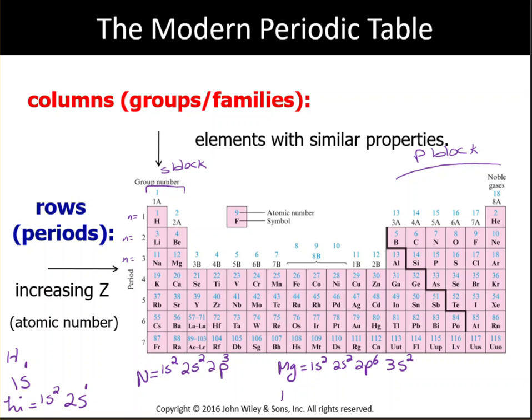Let's say I want to do argon. Argon is in the third energy level, meaning that all the orbitals in the first and second energy levels are full. Argon is a p block element, meaning that the s is completely full and we are in the p. And argon is the last element of the p block elements. So that's the electron configuration of argon.